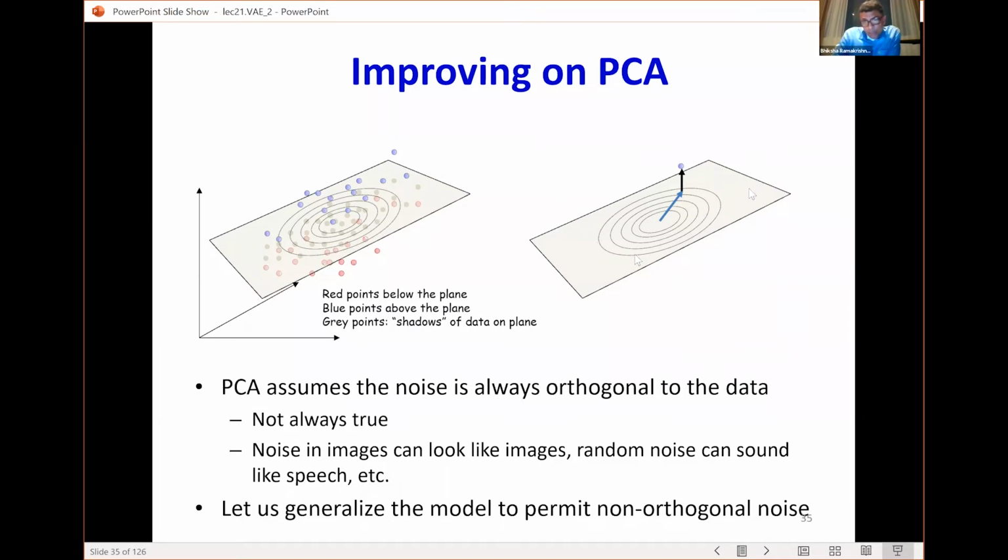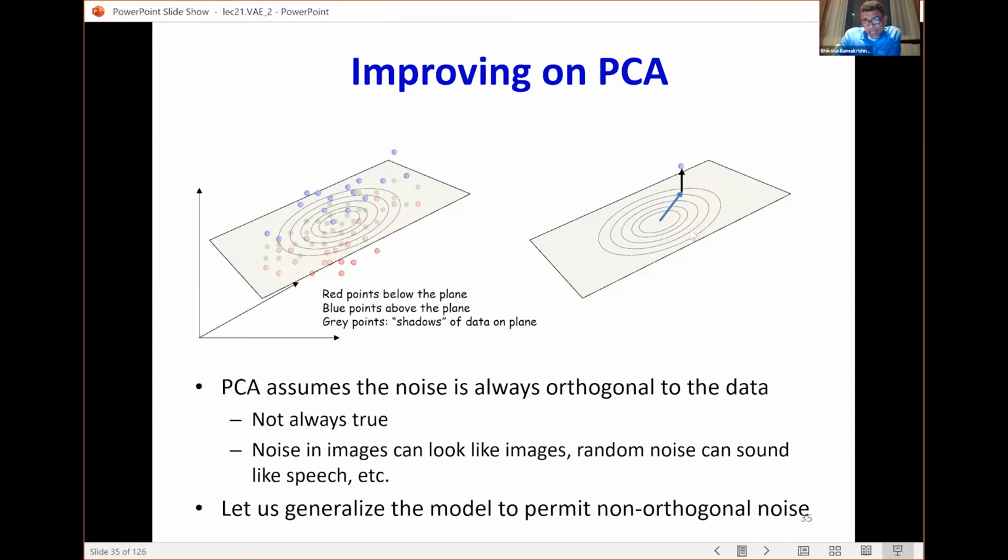So anyway, what PCA assumes is that the main signal lies on a subspace, and that there's some noise orthogonal to the subspace, which is why we often perform PCA to reduce the dimensionality of the data. We are trying to capture the signal component of the data, and we are throwing away the noise, right?